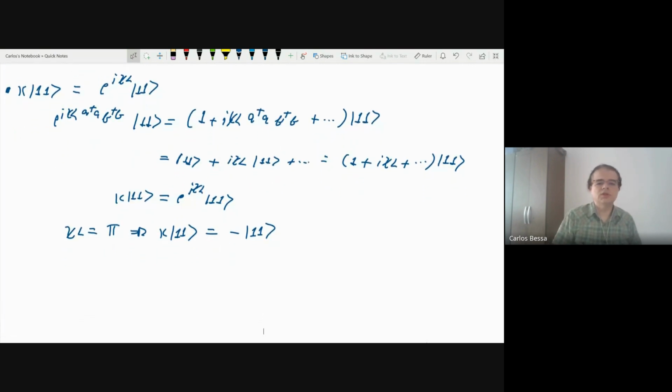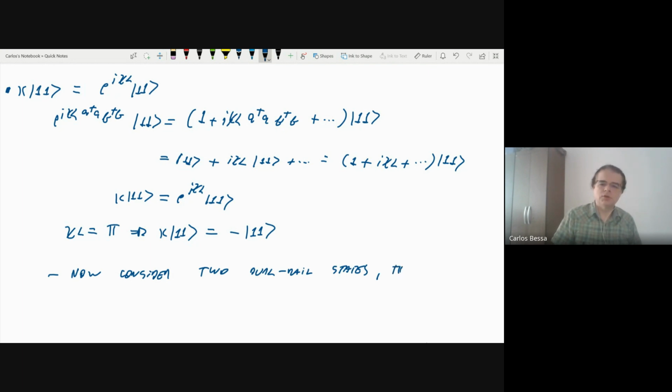Okay, so this is what we define as the dual rail when we have the two photons coming. Now we could consider two dual rail states.